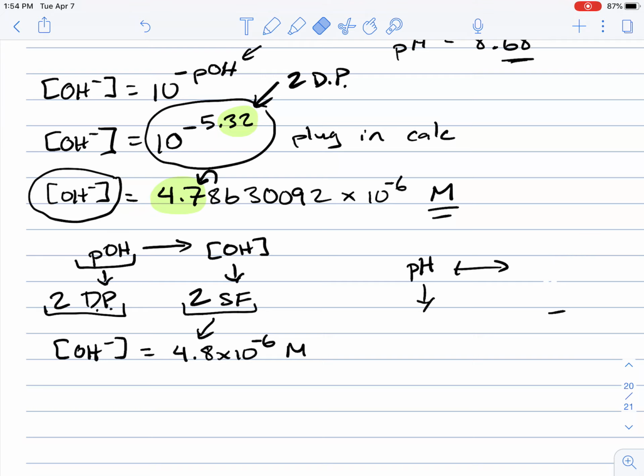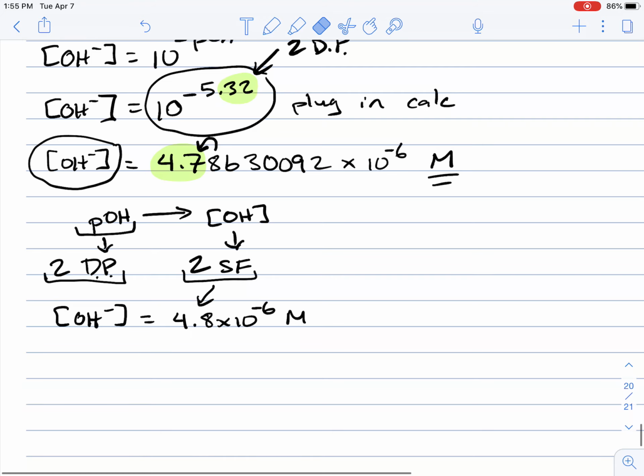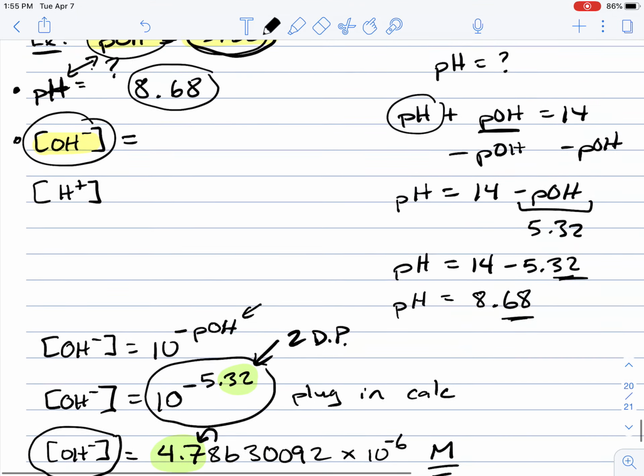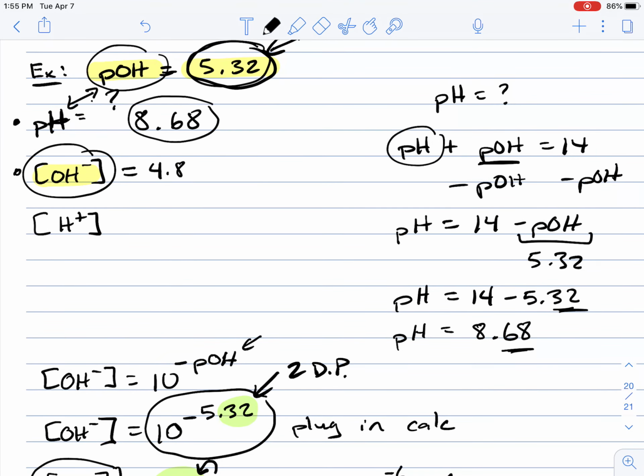I'm going to erase this. All right, so we figured out that the concentration is going to be 4.8 times 10 to the negative 6 molar. And so now that we have the concentration of hydroxide, we can go ahead and solve for the concentration of hydrogen ion. And once again, you can do this one of two ways.